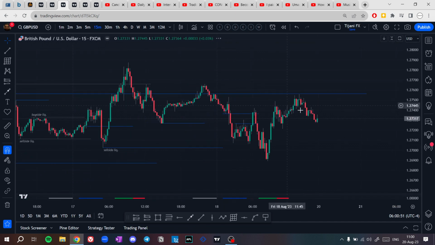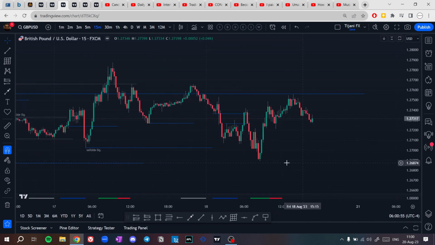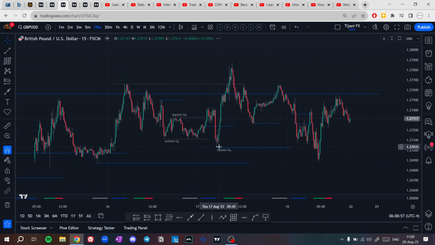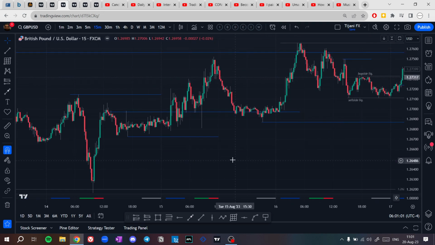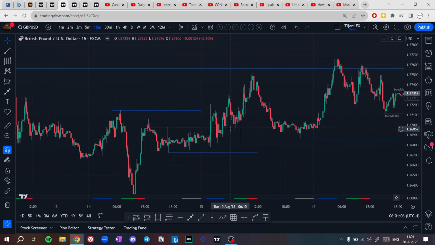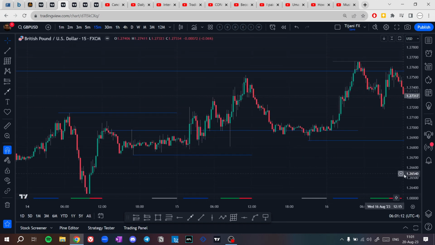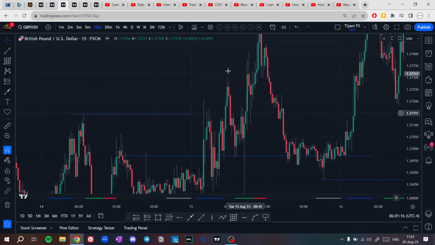On the 15-minute time frame, what do we see? Like I said, I was here. I said on the 1-hour time frame we could find some entry here during New York, but for me, I see an entry once price took these lows here, then broke market structure above this high.